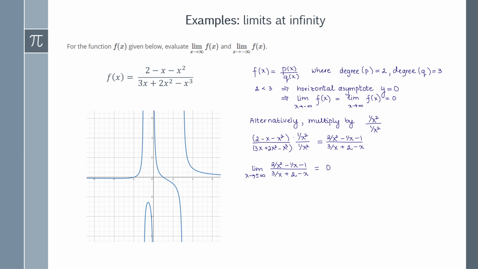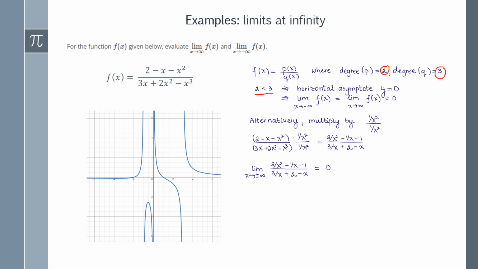I broke it down as the quotient where p of x has degree 2. So my polynomial in the numerator is of degree 2. q of x is of degree 3. So this is the case where the top polynomial has a smaller degree.